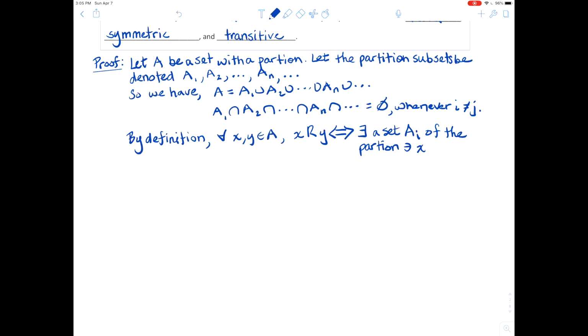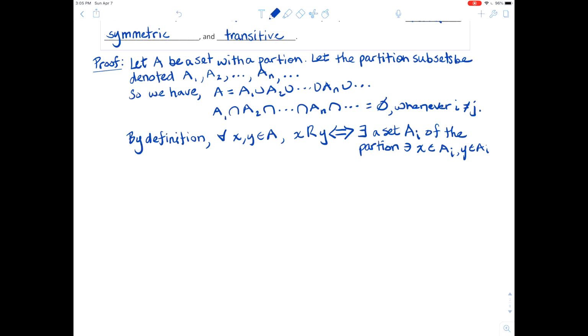Beautiful. X belongs to AI and Y belongs to AI. So if you know that you've got a relation induced by a partition, you know these things are true by definition. So, okay, let's get started.